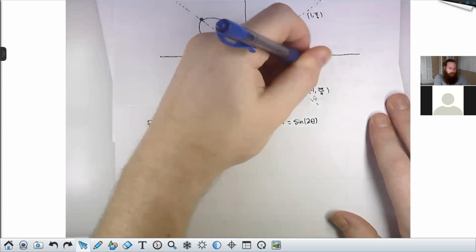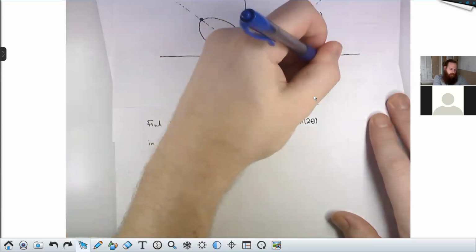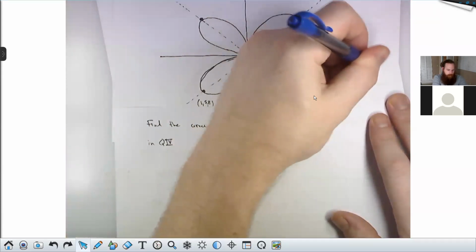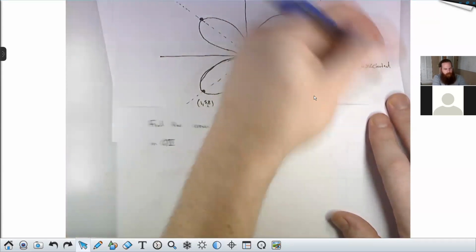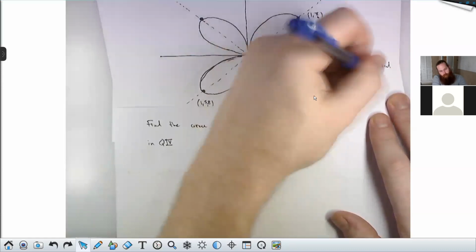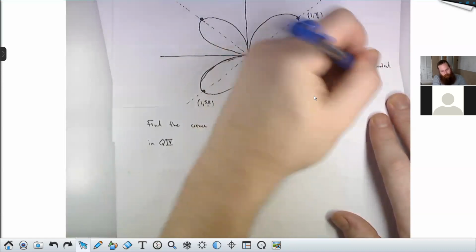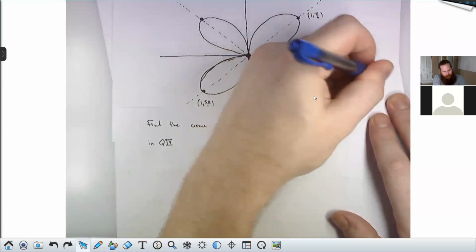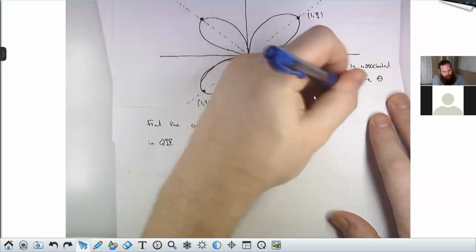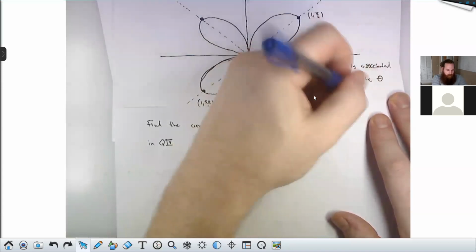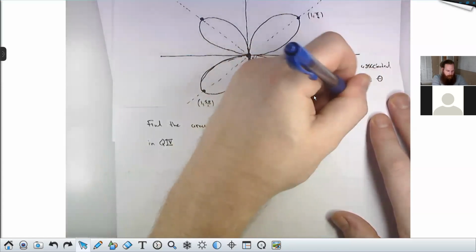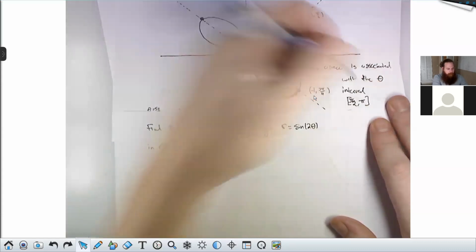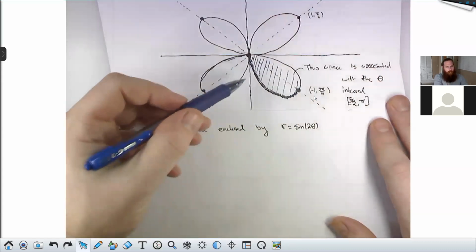This area is associated with the theta interval pi over 2 to pi, even though it's down here in quadrant 4.